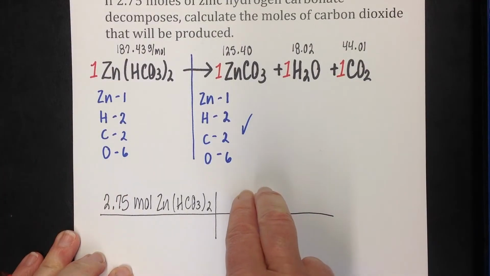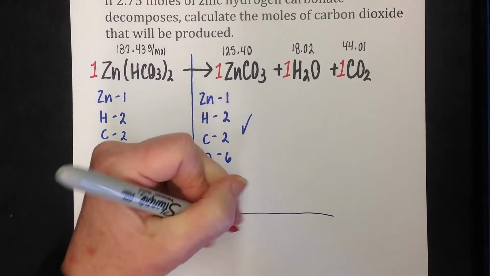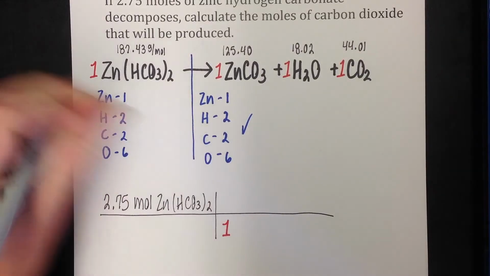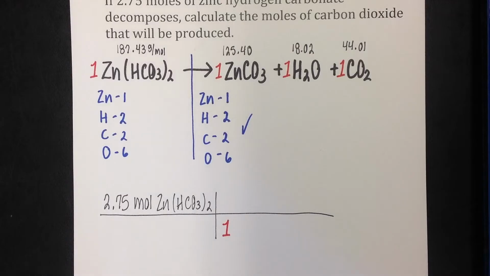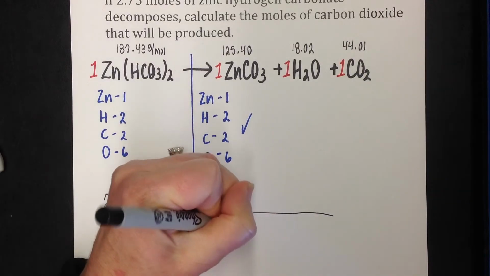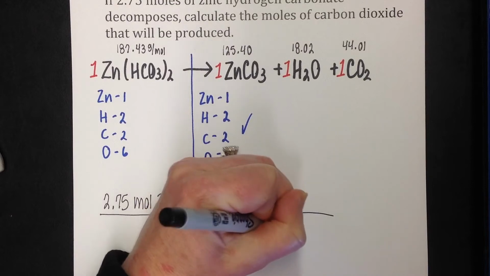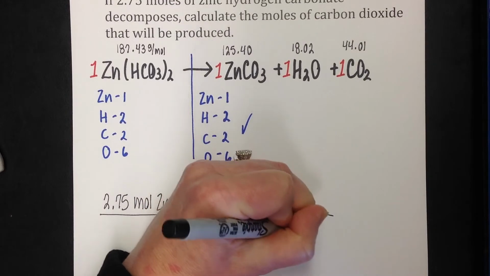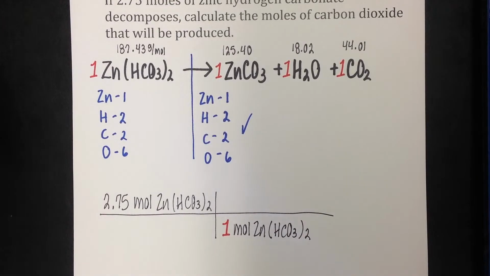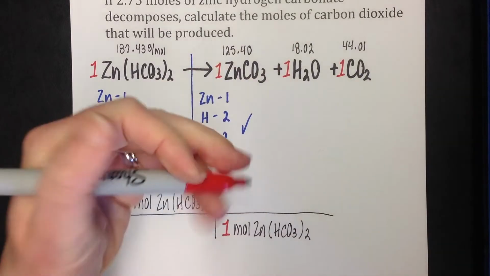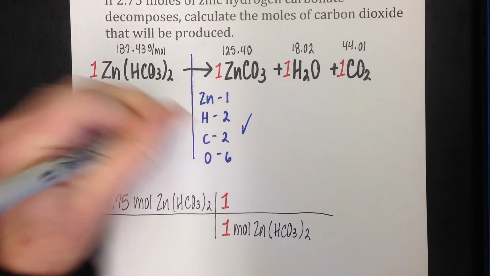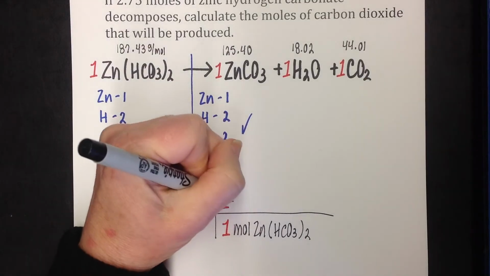What they want is going to go on top. So they gave me 1 mole of zinc hydrogen carbonate. They want carbon dioxide. I have 1 mole of carbon dioxide.